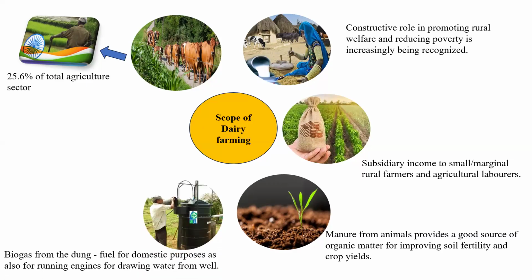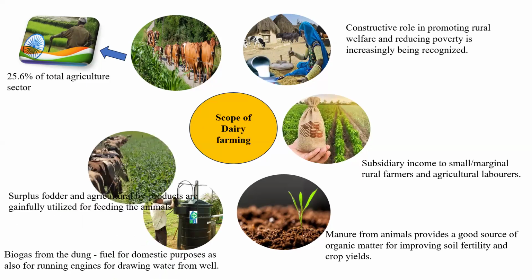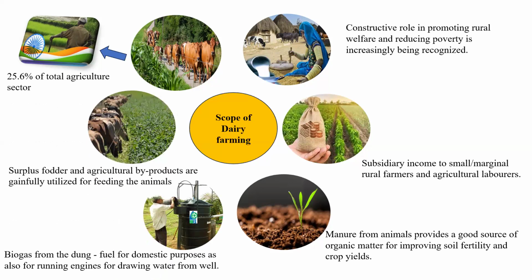Later, the biogas from the dung we can use as fuel for domestic purposes. And the last scope of dairy farming is that the surplus fodder or byproducts from agriculture we can give as feed or fodder to the animals. So this is about the scope of dairy farming.